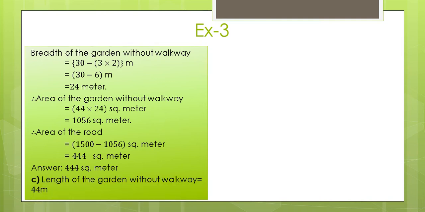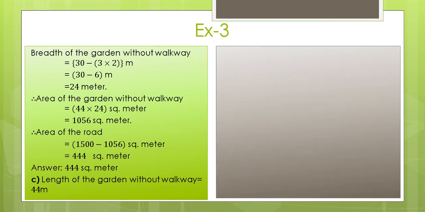Now question number C. The length of the garden without walkway is 44 meter and the breadth of the garden excluding walkway is 24 meter. And why do we need this?